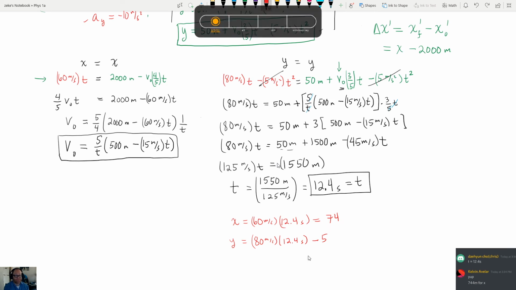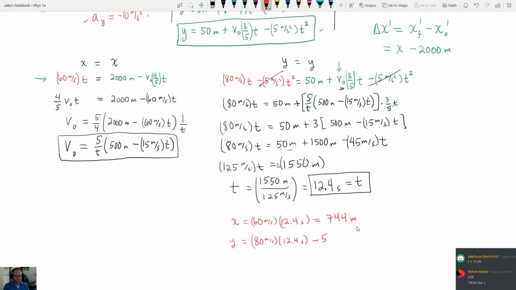Yes, that I can believe. 744 I can believe. Thank you. What we're doing, 80t minus 5t squared, so 5 meters per second squared, times t squared, which is 12.4 seconds squared. That one is going to be 223.2.